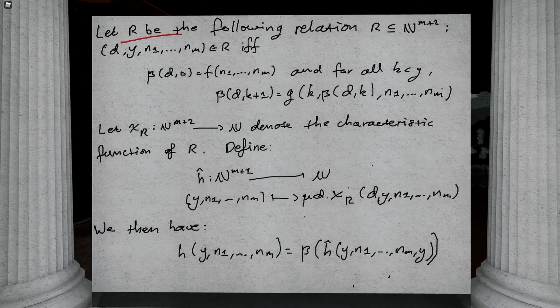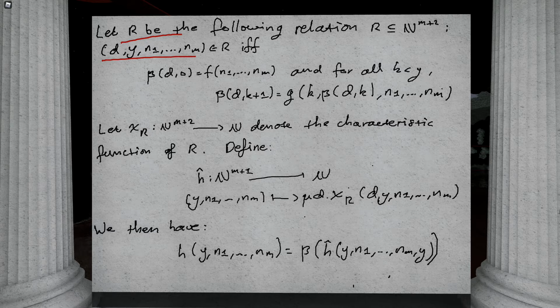Then we let R be the following relation. Given an m plus 1 tuple consisting of d, which is the sequence encoding all of the different valuations for the primitively recursively defined function h, y, which is the index that we're interested in, and then n1 up to nm, which is the input.